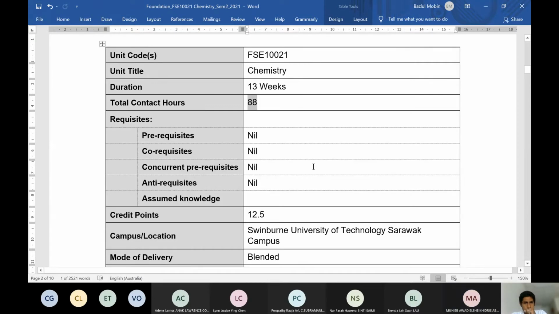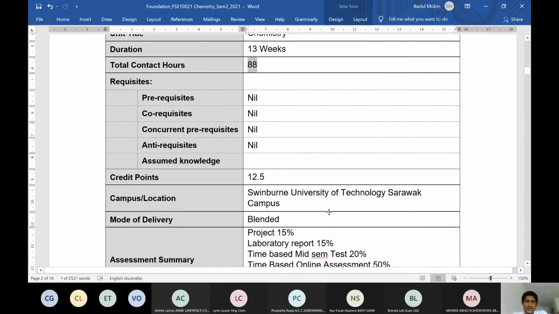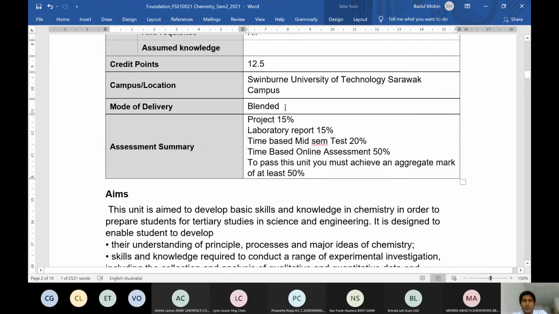All right. So this unit's total contact hours is 88 hours. That includes your self-study, self-reading or self-learning time. Of course, there will be lectures, tutorials, labs and assessments, and it includes you reading and studying yourself. It will be blended mode.